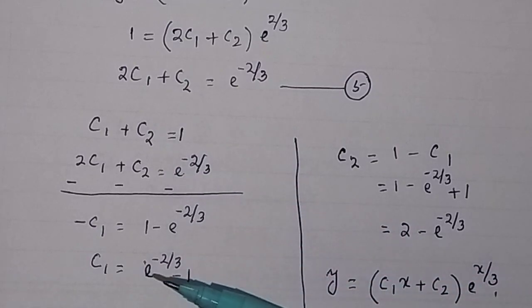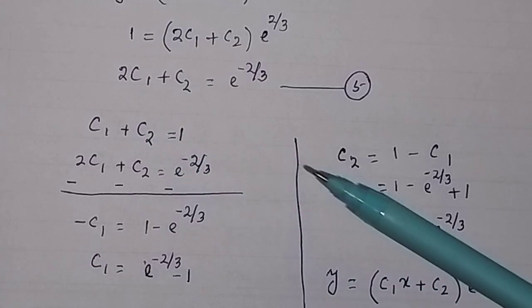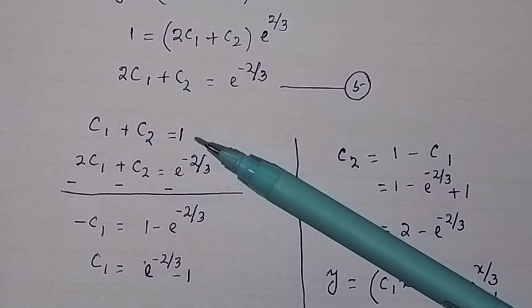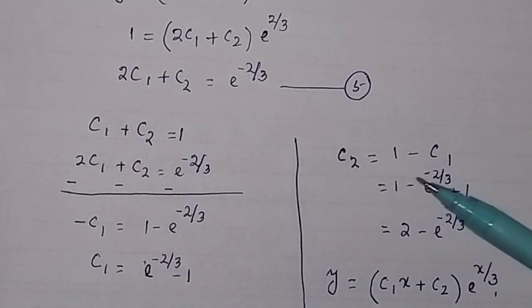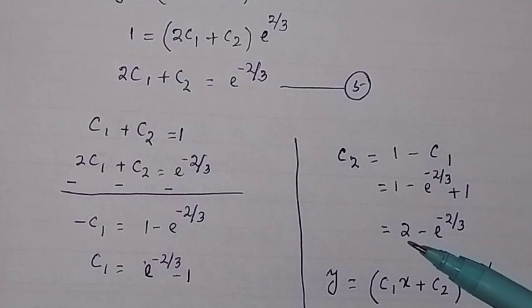So c1 will be equal to e to the power minus 2 by 3 minus 1. And if you put the value of c1 in equation 4, then you will get the value of c2. c2 will be equal to 1 minus c1. So 1 minus of e to the power minus 2 by 3 minus 1, that is 1 plus 1, 2. So c2 is 2 minus e to the power minus 2 by 3.